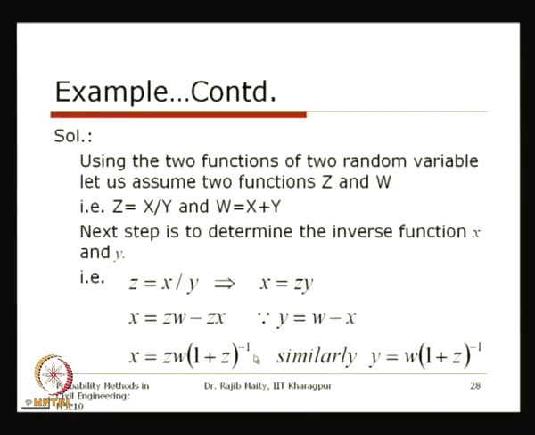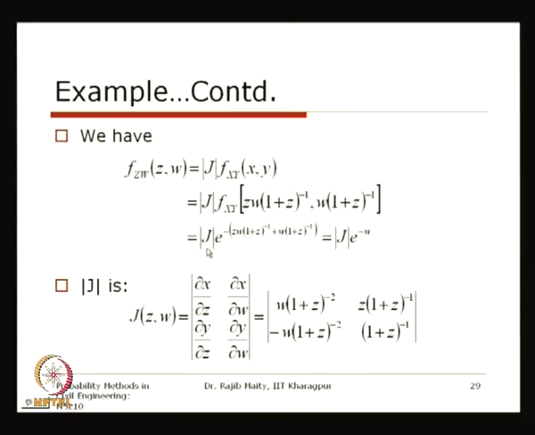Which we are getting from this x and y here, and this is multiplied by this Jacobian, and this joint density we also know, e power minus (x plus y). So this one plus this one, which we can simplify to get e power minus w. What is pending is that we just want to know what this Jacobian is. The Jacobian is dou x dou z, dou x dou w, and so on.